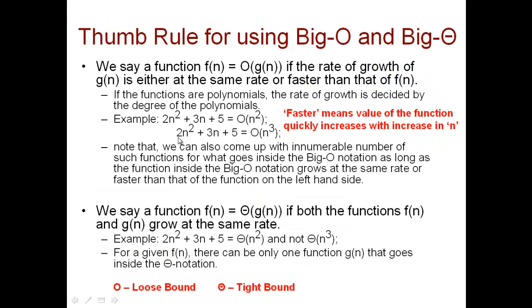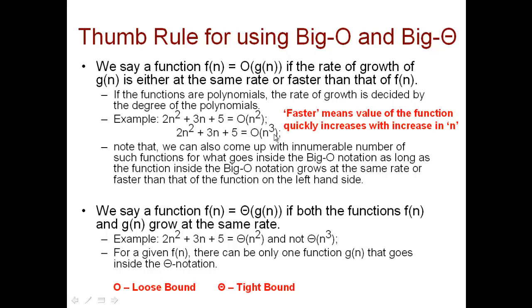So we can say the same function 2n square plus 3n plus 5 is big O of n cube or n to the power 4. We could even have n to the power 2.1 or 2.2 or anything inside the big O notation, as long as the degree of the function on the left hand side is less than or equal to the degree of the function on the right hand side.